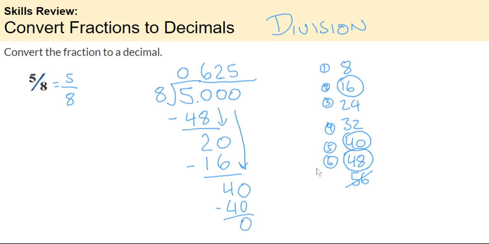So my answer, 5/8 is the same as, be careful, it's not 625. We move that decimal up right there: 0.625. We're going to use this in today's lesson, and I'll see you guys in the next video.